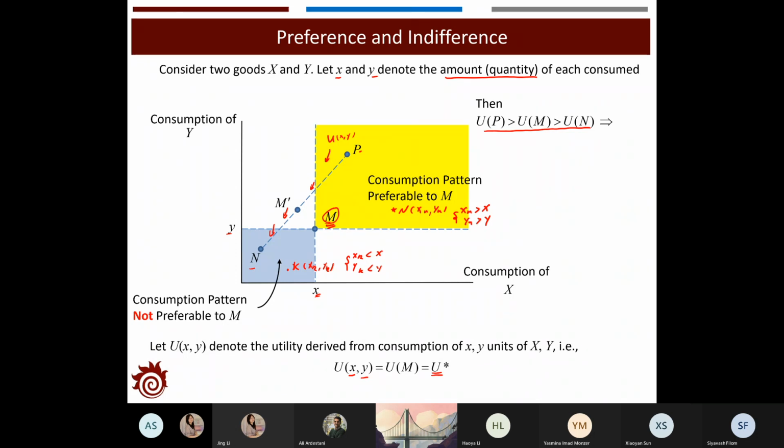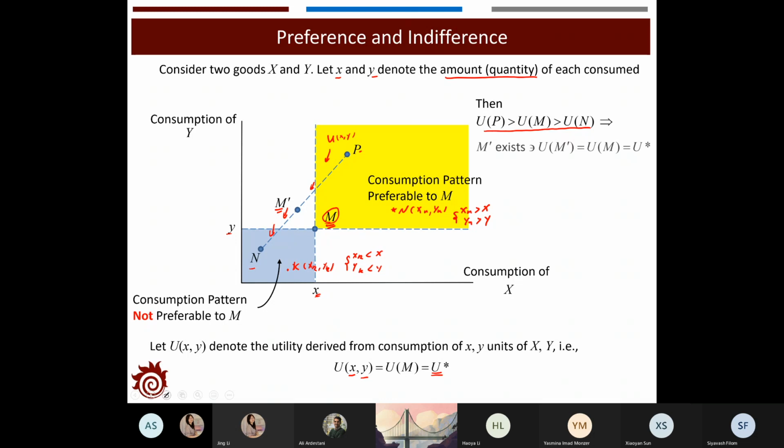So it's gradually decreasing from P to N. And we know that UP is higher than UM and the UN is smaller than UM. So you must be able to find a point, which we define as point M prime. At the point M prime, you will be able to identify that the utility at M prime is the same as the utility at the point M.